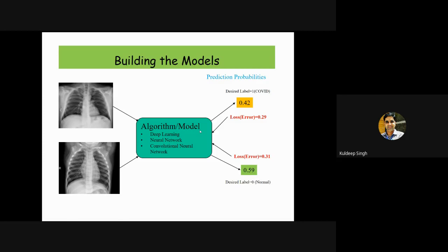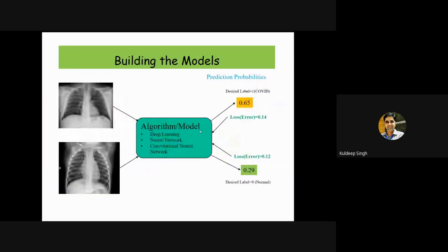We formulate some kind of objective function where we have to minimize this loss or error, or maximize the closeness to the desired label. As the different iterations or epochs are executed while training, this loss becomes close to zero and the scores approach the desired labels.